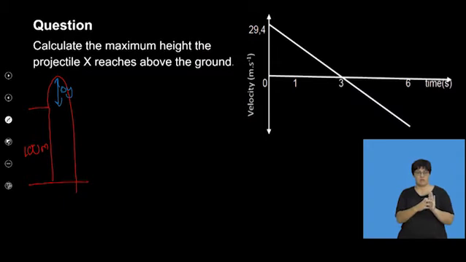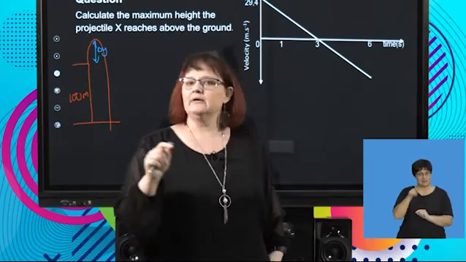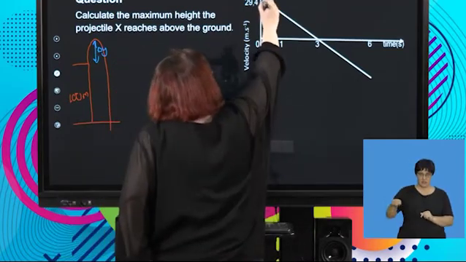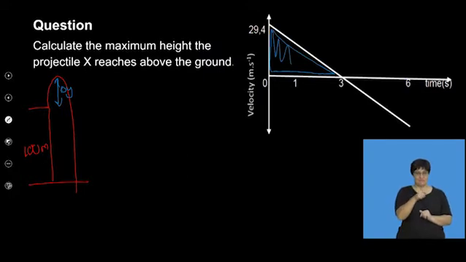But we're going to use the graph to do that. I'm not going to use an equation of motion, I'm going to use the graph. From a velocity time graph, I can get displacement by looking at the area under the graph. That means this area, this triangle, that gives me the displacement above the cliff.